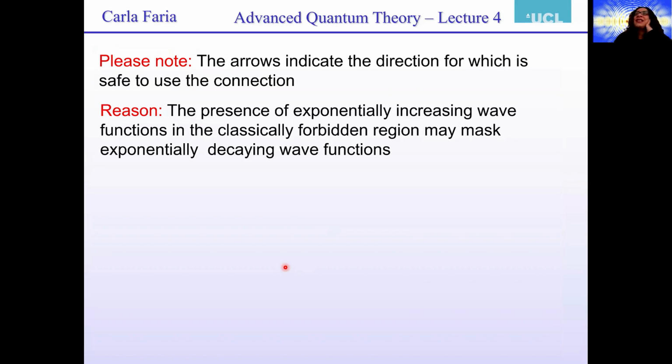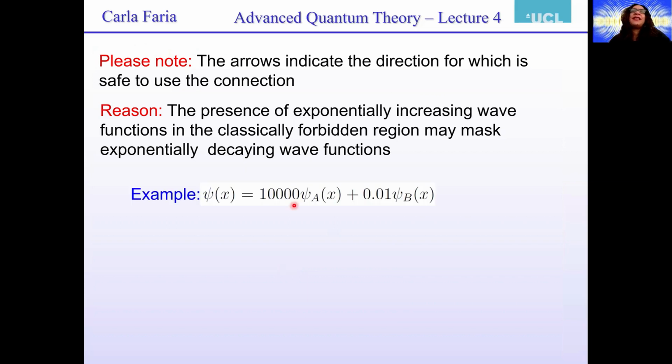The reason is that many times you have some very small contributions from exponentially increasing wave functions, which are going to mask exponentially decaying wave functions, and they are going to lead to the wrong solution in the classically allowed region. Remember that in the classically allowed region, you're going to have oscillating wave functions, cos or sine. The phases also are going to depend on the problem. But in the classically forbidden region, you can have something like this, for instance.